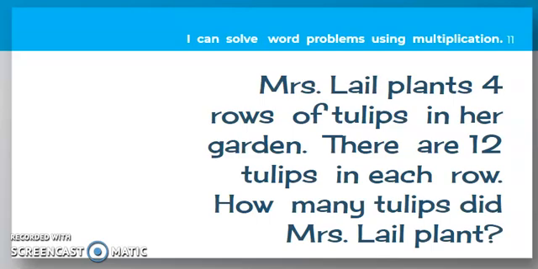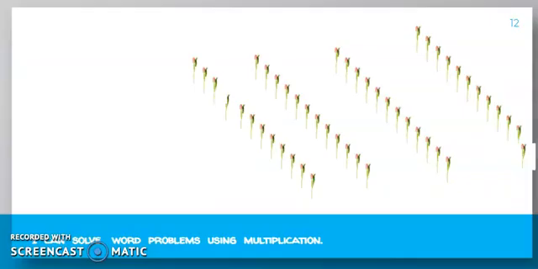Let's see. Miss Lyle plants 4 rows of tulips in her garden. There are 12 tulips in each row. How many tulips did Miss Lyle plant? So, she has 4 rows of tulips in her garden. Here we go. She has 4 rows.